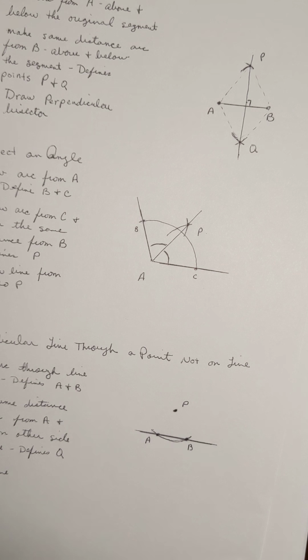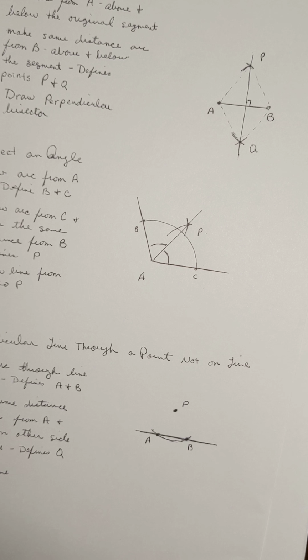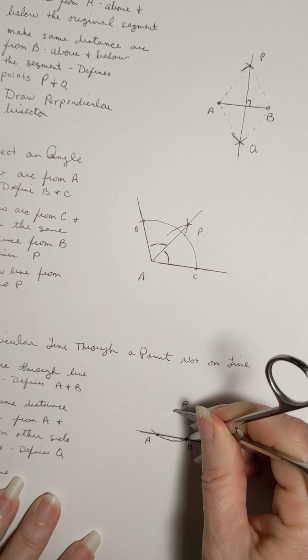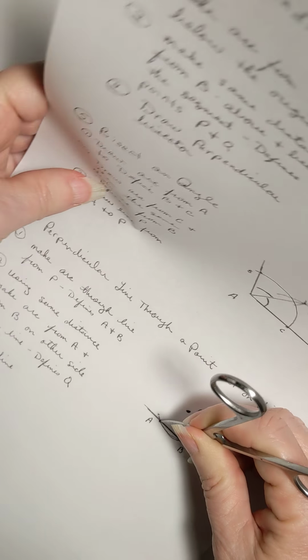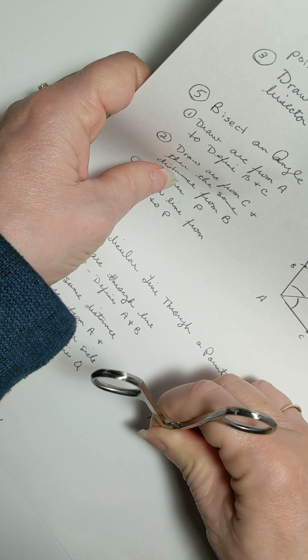Now, I'm going to take the same length, so now all I have to do is find point Q. So the same length from P to B is going to be the same length from Q to B. I'll turn my paper down here, and I'll make my little arc here.